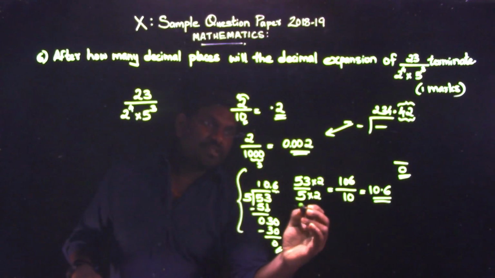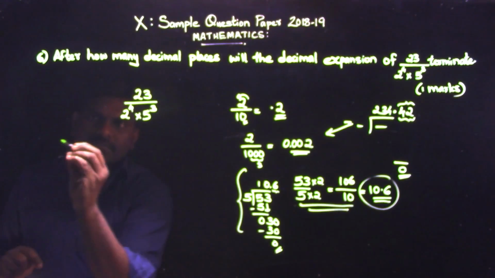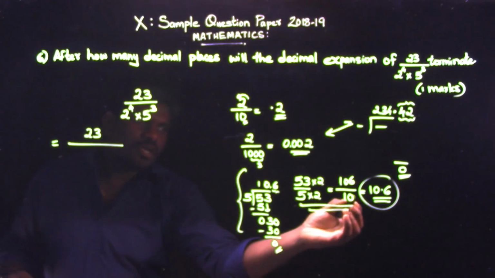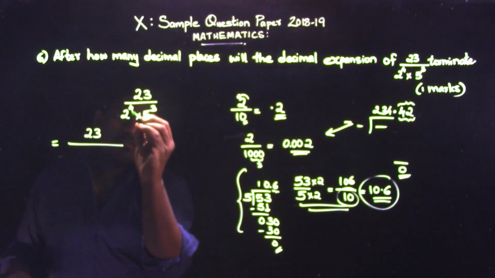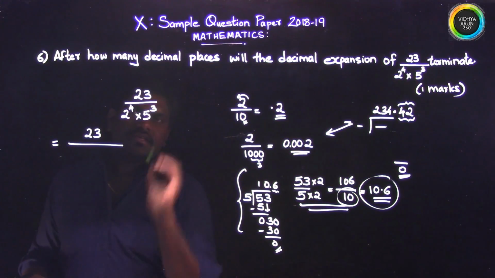But have I shown you something here, a much easier way? Look here, what I'm going to do. Using the same logic of how to bring a 10 or 100 or 1000 here, you have the powers here: 2 raised to 4 and 5 raised to 3, one less.